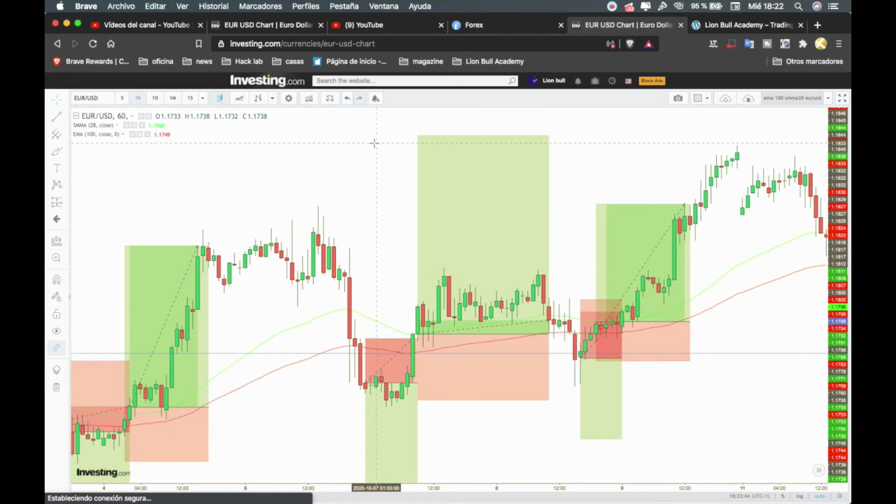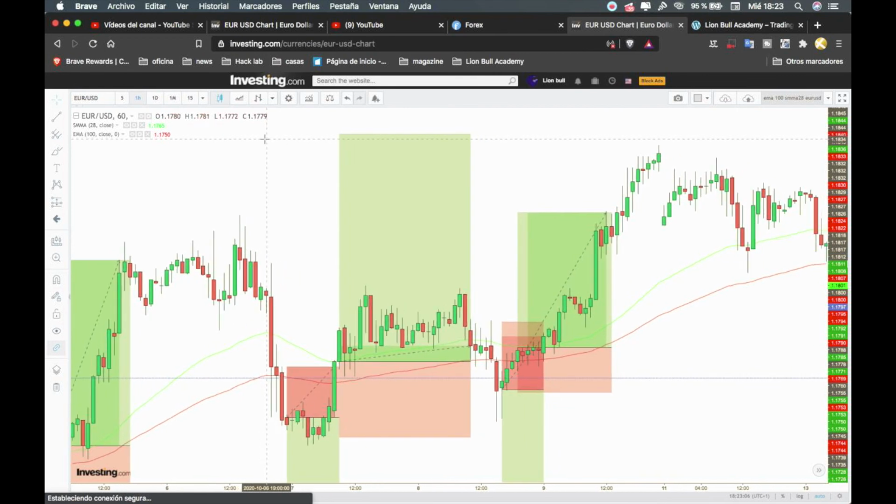That means if you make 3 wrong, with just 1 good one you restore your account immediately. So it's really rare that you make 3 or 4 operations wrong, because normally after 3 operations you already understand that the market is lateral, and you will stop trading and wait for the beginning of the next trend, either upside or downside.